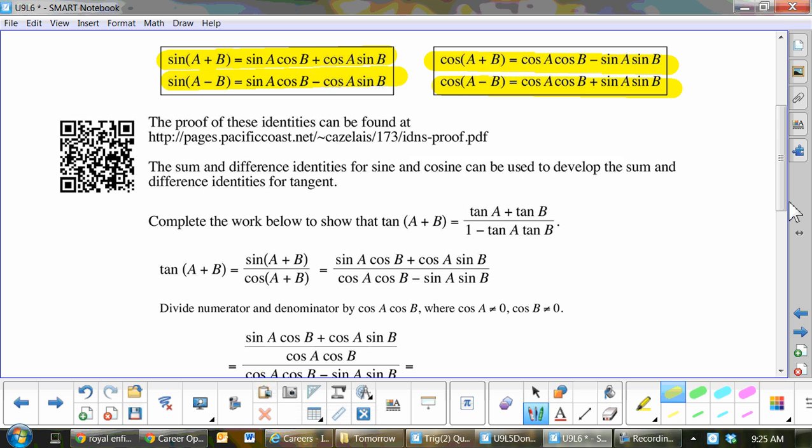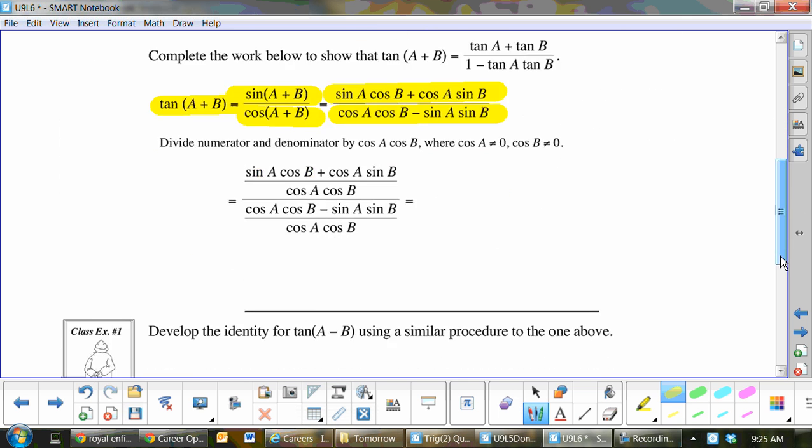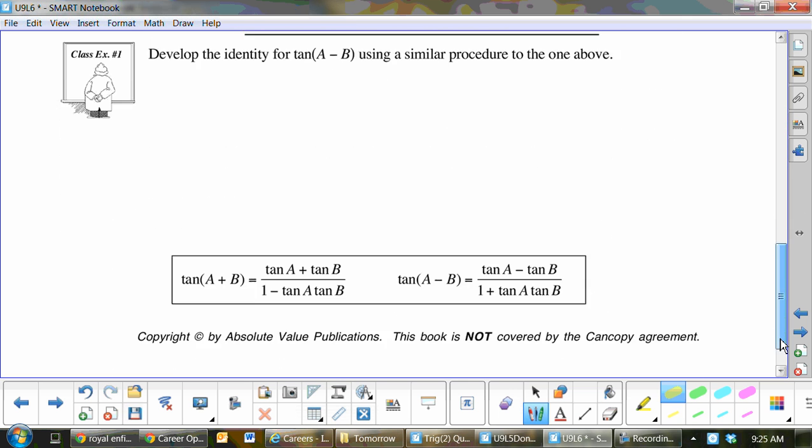Okay, also there is tan A plus B equals sine A plus B over cos A plus B, which is this all over this. Okay, which comes all the way down to these.